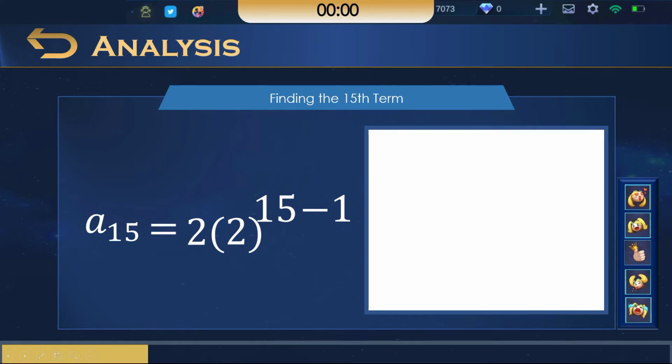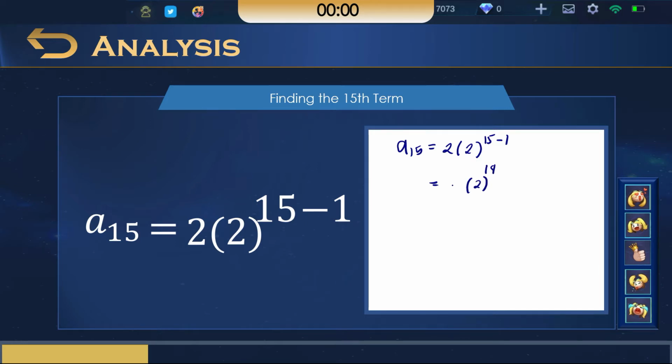Okay, so let us look for the 15th term by simplifying this. We have a sub 15 equal to 2 times 2 raised to 15 minus 1. First, let's take a look at the exponent, 15 minus 1. The answer is 14.